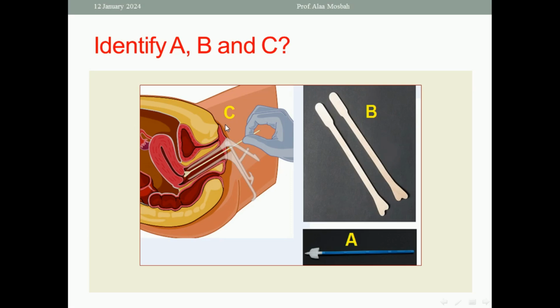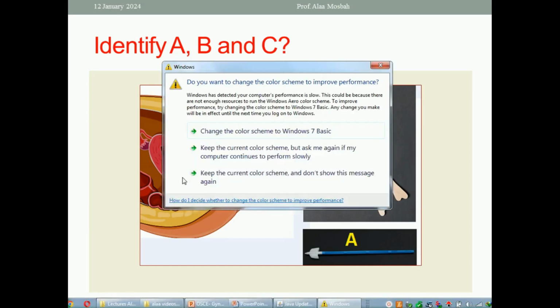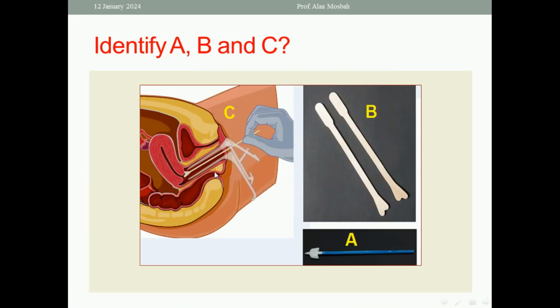C is the procedure of cervical smear in a screening program. We use the cytobrush or Ayre's spatula to do cervical smearing. The procedure is done post-menstrual.